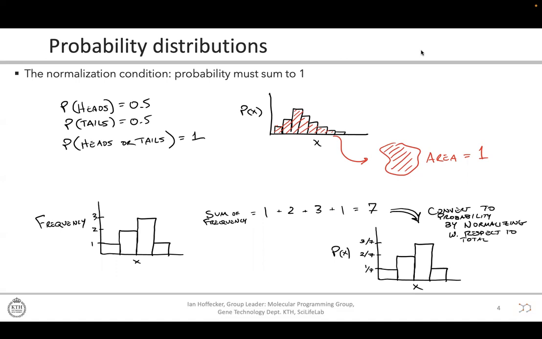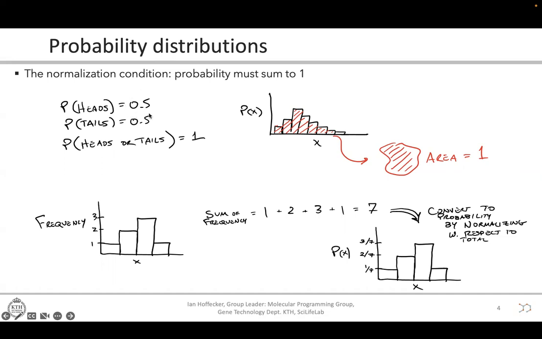One of these is that everything has to sum to 1. If I were to add up the area of these bins, like if I have a variable on the x-axis and I multiply each of those with the heights of these bins, then this must sum to 1. Let's say we're looking at a coin flip, and I'm considering the two options, we can get a heads or a tails.